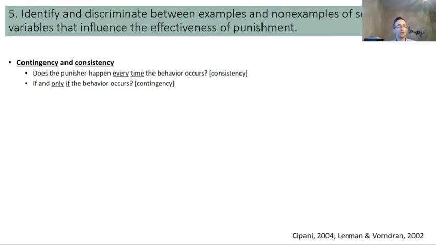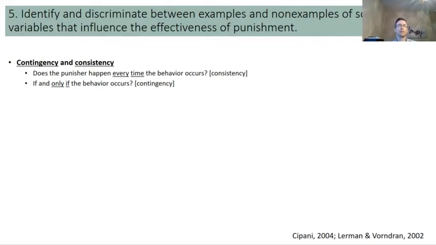Okay, so if some other behavior occurs, the consequence is not delivered. When the behavior occurs, if it's the behavior targeted for punishment, then you deliver the consequence. And let's say the only time you deliver the consequence is when the behavior targeted for punishment occurs, but sometimes the behavior occurs and the consequence isn't delivered.